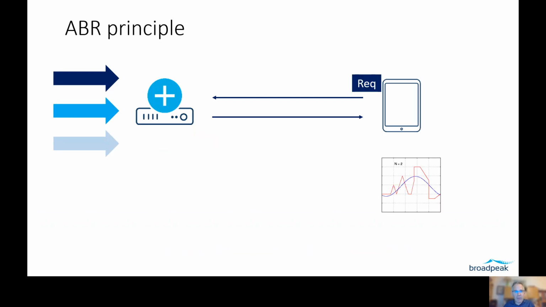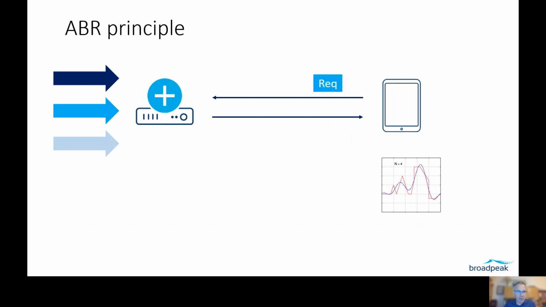Let's start by refreshing ABR principles. On the left side, you have content that is encoded in several substreams. Each substream is encoded with a different quality and therefore a bitrate. The higher the bitrate, the higher the quality.